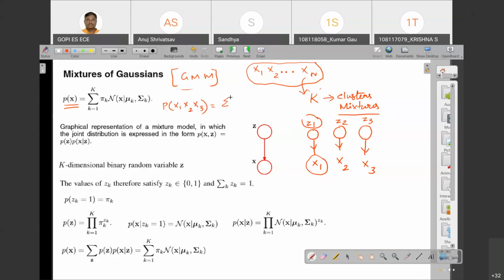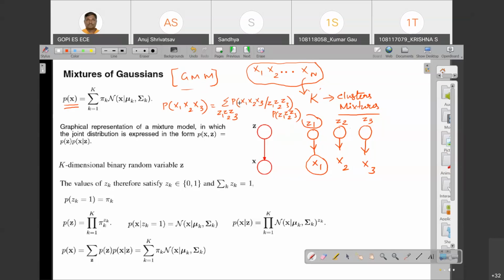You write it as the probability of X1, X2, X3 given Z1, Z2, Z3, times the probability of Z1, Z2, Z3, taking the summation over all values of Z1, Z2, and Z3.